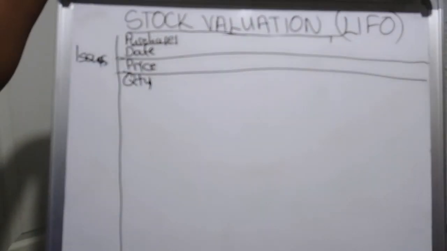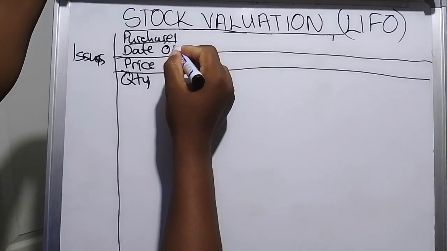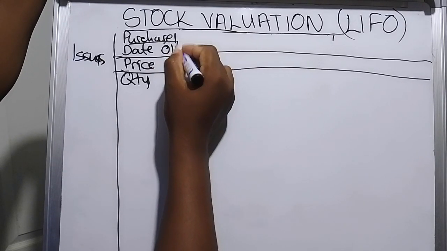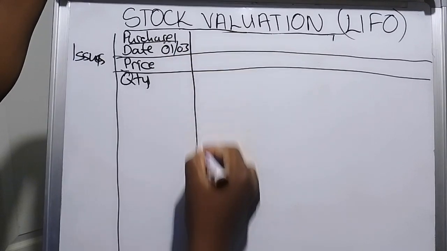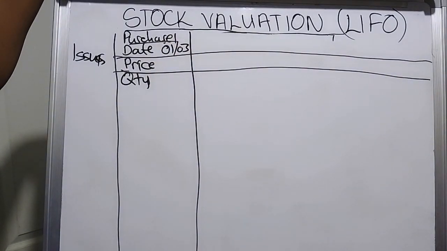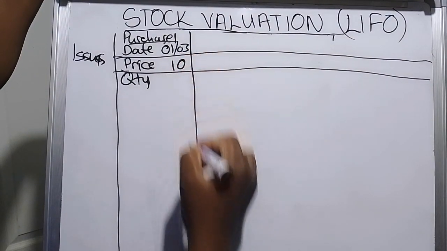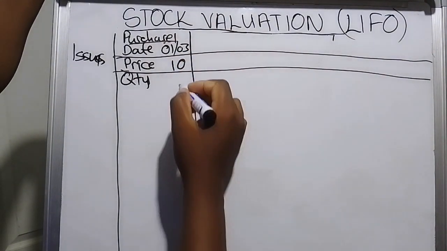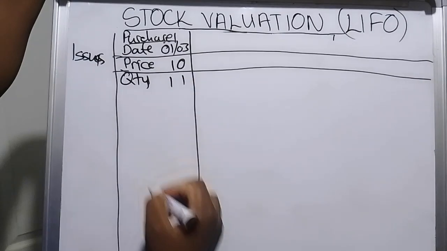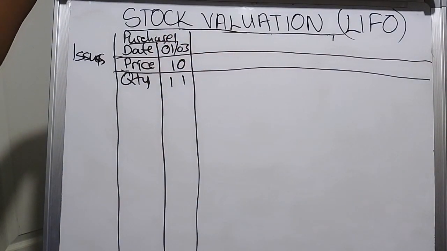So we go to the 1st of March, we put the date 01/03. Then the price of items was $10. The number of items was 11. Okay, that's the first date.